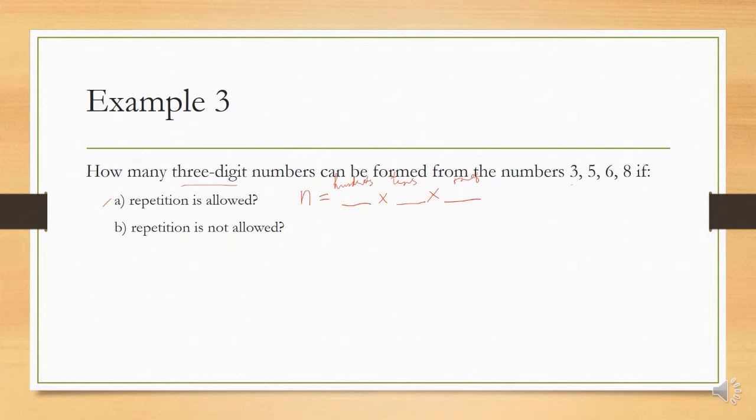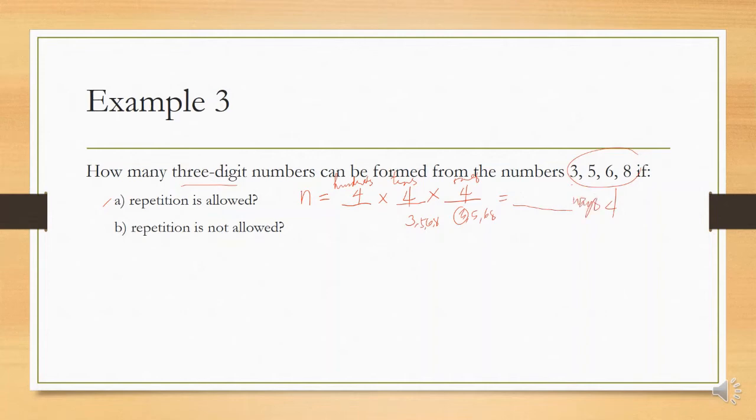So what you will do is, since there are 4 numbers here, since repetition is allowed, it means yung 4 numbers can be used dito, 3, 5, 6, and 8. Pwede mo ulit gamitin, halimbawa, ginamit na natin yung 3, pwede mo ulit gamitin yung 3, or whatever number kung ano man yung ginamit natin. And on the hundreds place, we also have 4. So, all in all, we have 4 times 4, 16 times 4, no? So, kung ilan yung ating ways na makukuha dyan.